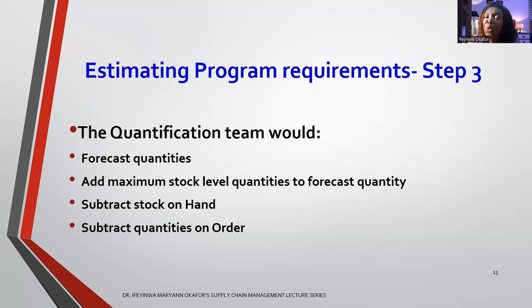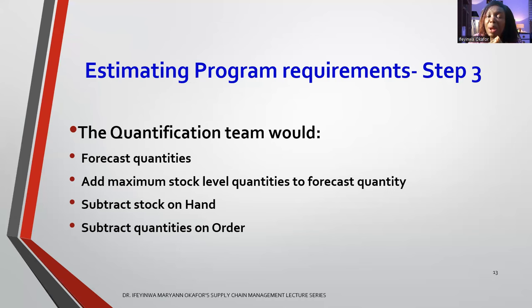When we want to estimate program requirement, remember we said earlier that the amount we forecasted is not actually the amount we must procure. This is because forecasted amounts did not take into consideration the maximum stock level of the facility. It didn't take into consideration the stock on hand or quantities on order.